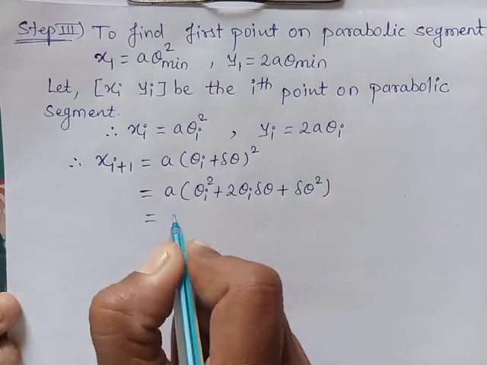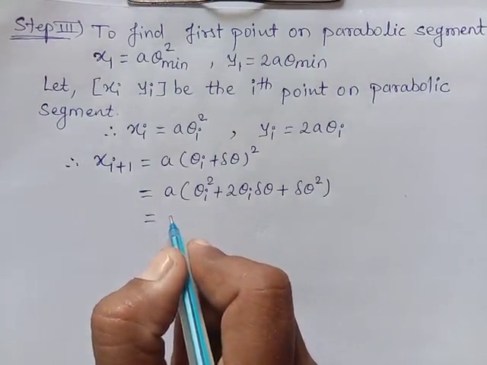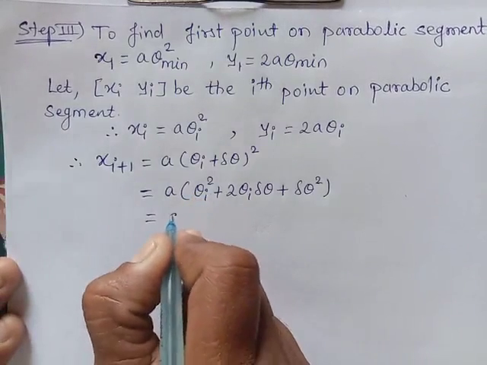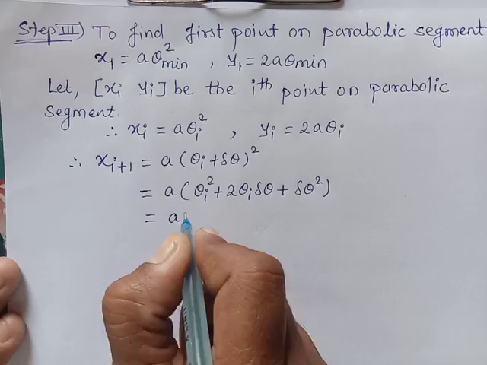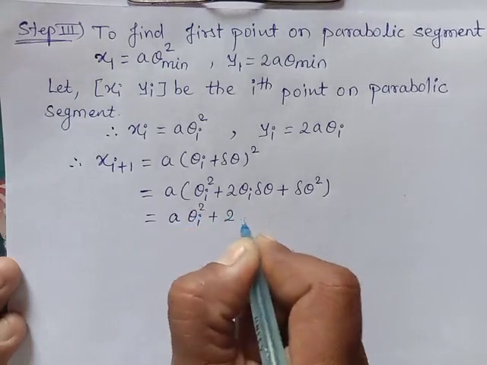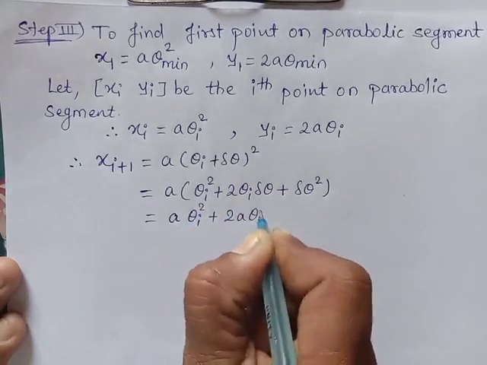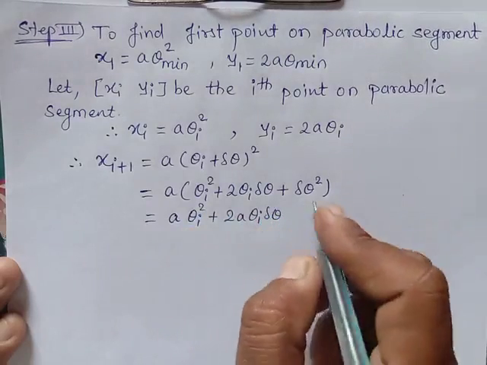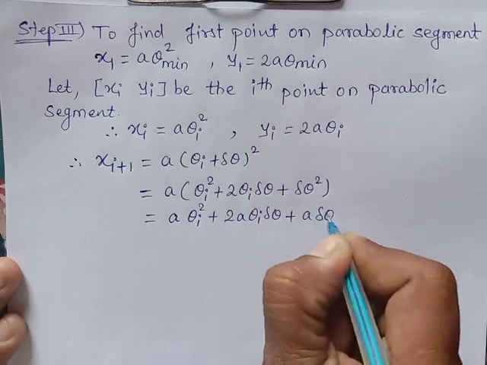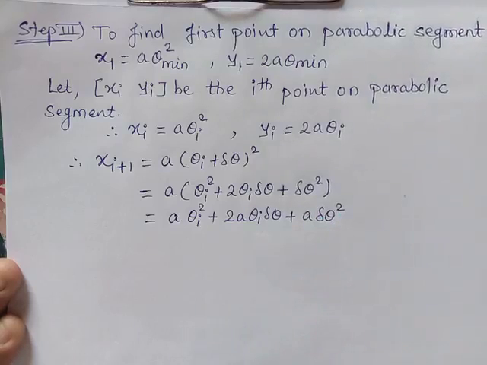That is a theta i square plus 2a theta i delta theta plus a delta theta square, right?